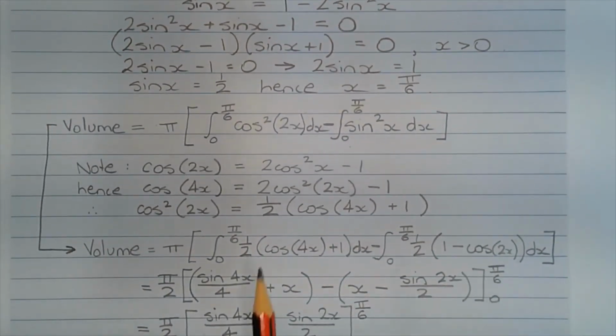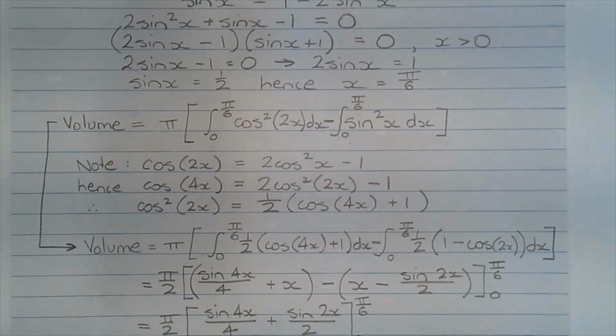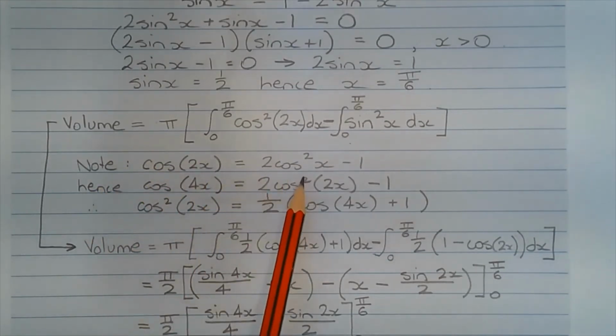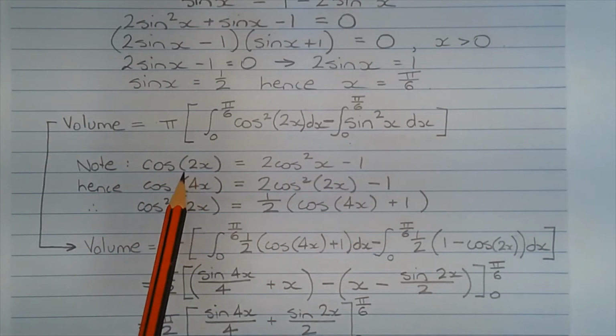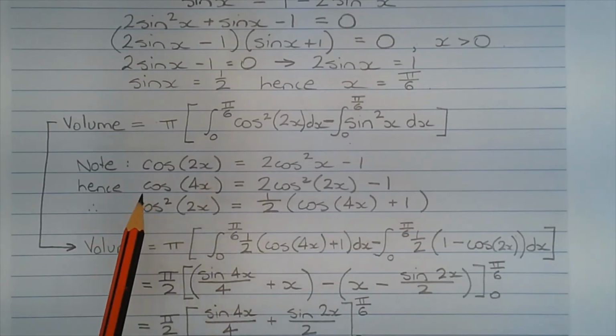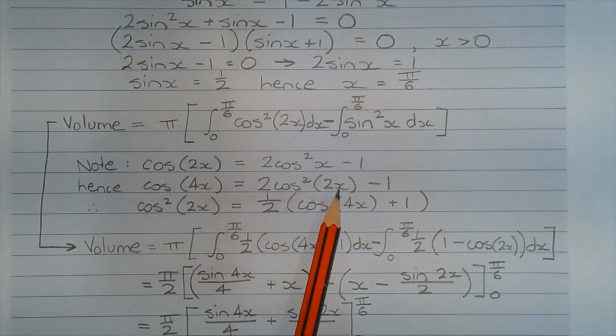So to integrate this, we need to convert the cos squared and the sine squared into equivalent trigonometric functions that have a power of 1 or an index of 1. Now cos 2x is equal to 2 cos squared x minus 1. If we double the angle on both sides, so double 2x is 4x and double x is 2x, we end up with the equation cos of 4x is equal to 2 cos squared 2x minus 1.